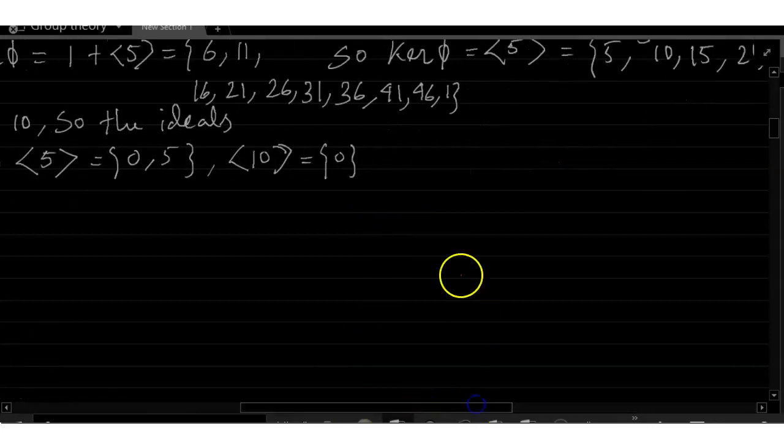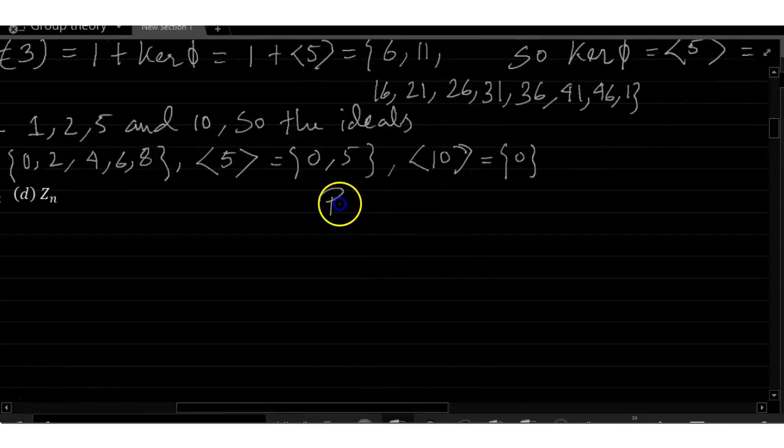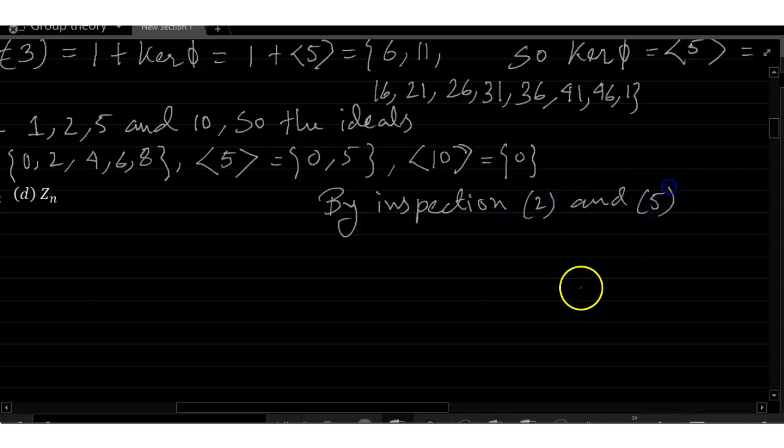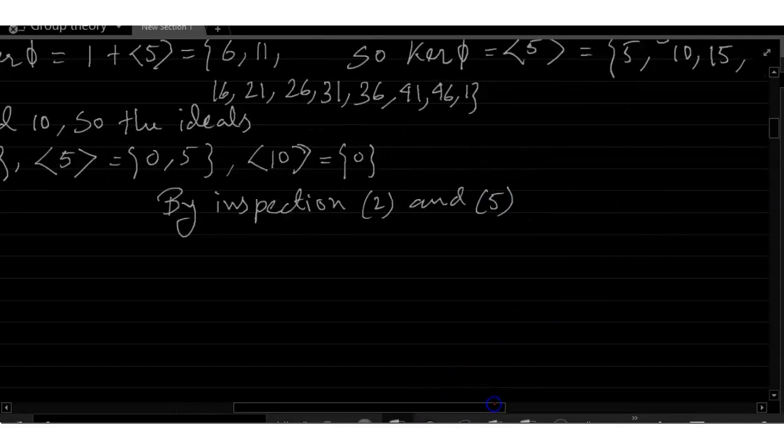So by inspection, 2 and 5 are maximal ideals.